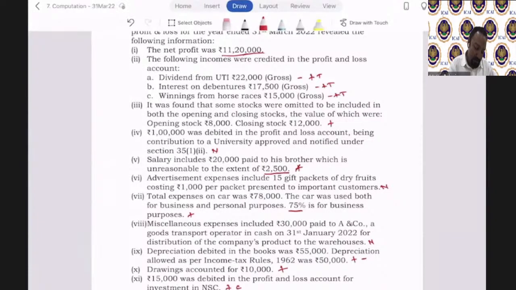Then what else you need to add? Personal expenditure of car, right? So how much is it? It is 78,000. The car was used for both personal and official uses. So we need to add 1/4 of the car expense.